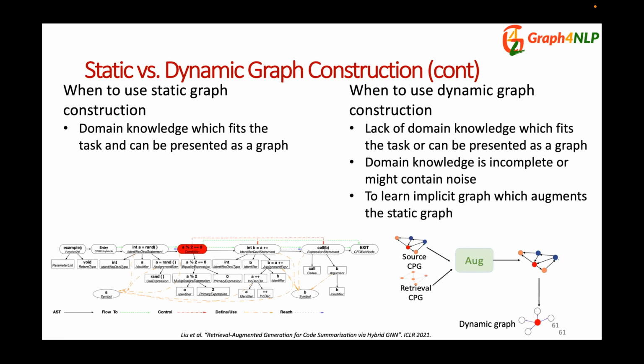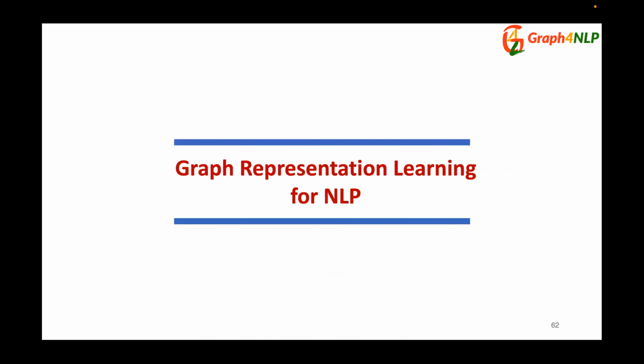For dynamic graph construction, there are some reasons why we want to look into it: one, lack of domain knowledge which fits the task or can be represented as a graph; two, the domain knowledge is incomplete or might contain noise; or three, we want to learn an implicit graph which augments the static graph. Basically, we want to combine the benefits of both static and dynamic graph construction approaches. That's it for the graph construction for NLP part.